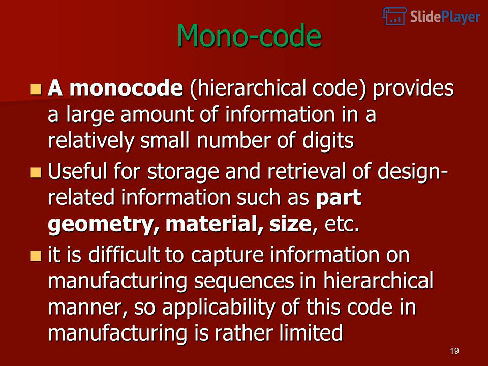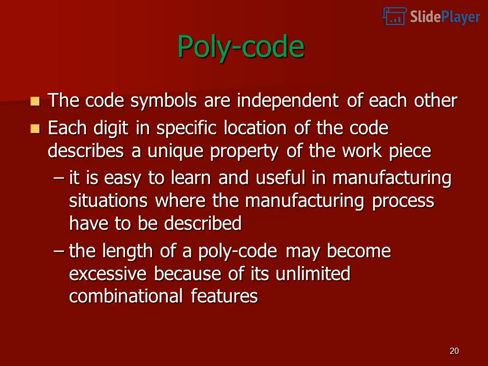It is useful for storage and retrieval of design-related information such as part geometry, material, size, etc. It is difficult to capture information on manufacturing sequences in a hierarchical manner, so the applicability of this code in manufacturing is rather limited.